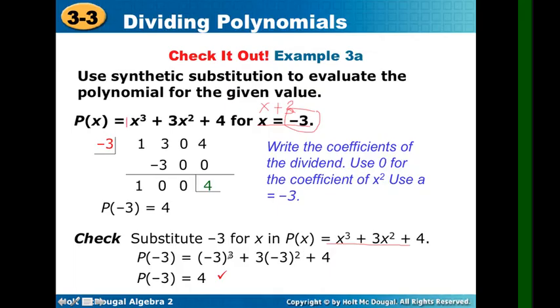Negative 3 cubed is negative 27, plus positive 27, which equals 0 when you add them, plus 4. So only 4 is left. Therefore, our remainder is correct. That is the remainder theorem.